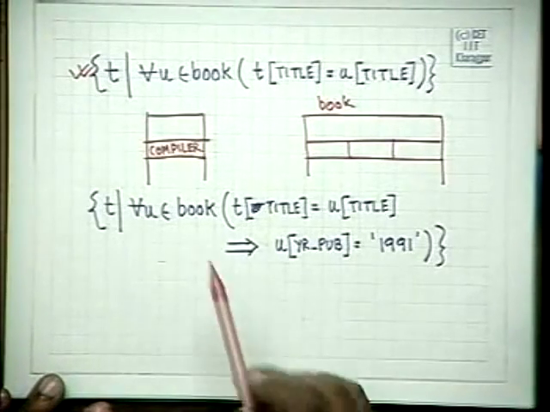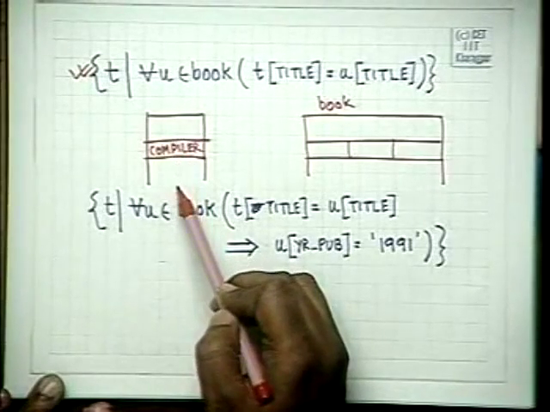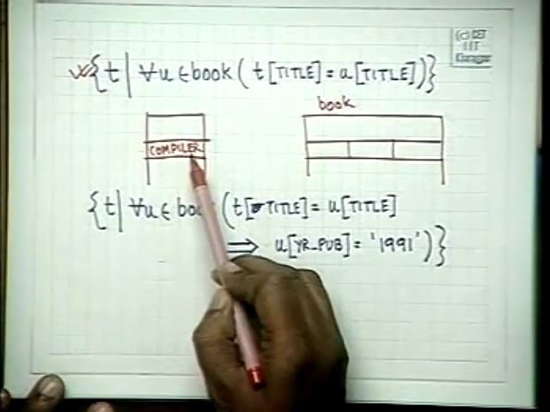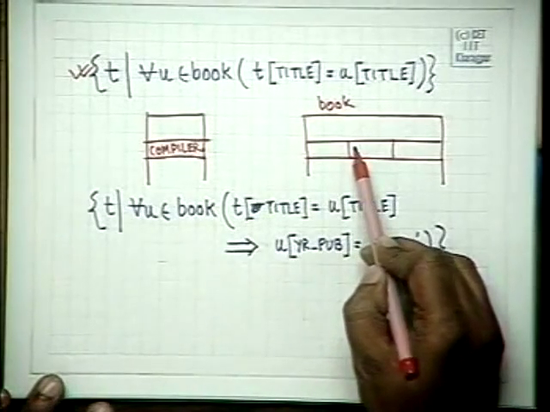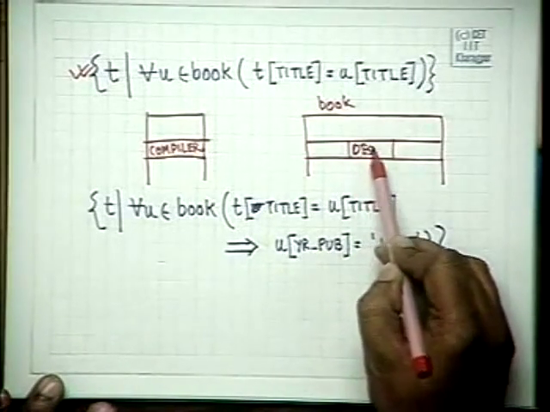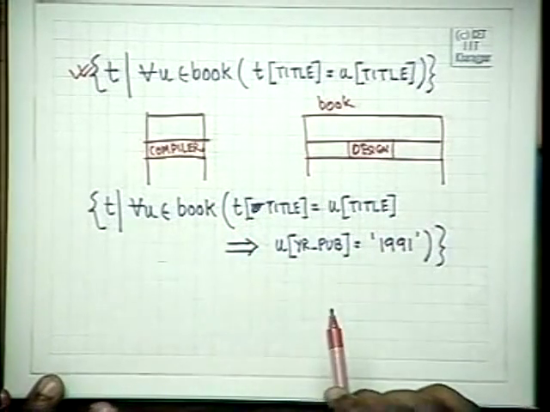Now you can have many titles in the desired resultant relationship. Now suppose compiler is there. Here if a book is there, design, which has got title design, it trivially satisfies the implies relation.